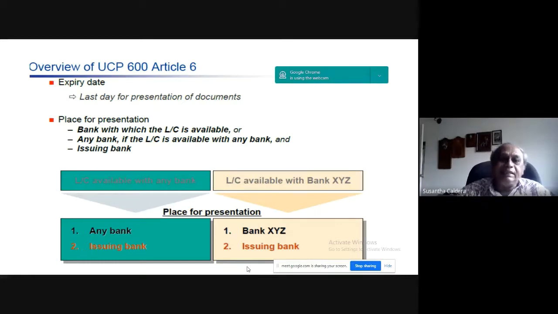If the LC is available with any bank, the place for presentation is either any bank or the issuing bank. If the LC is available with bank XYZ, now it is restricted to XYZ. Then the place for presentation is bank XYZ or the issuing bank. The issuing bank is common to everybody because they are the ultimate paying bank.